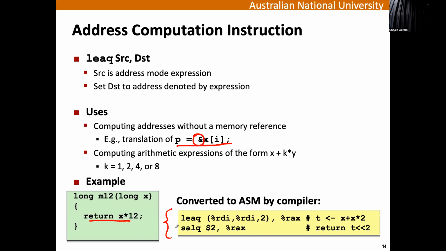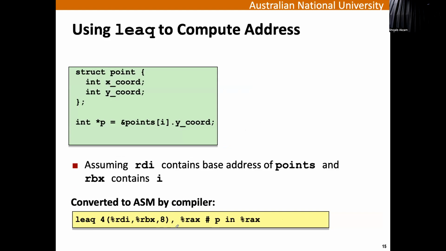So the compiler can look at the function and realize, oh, I can use lea to do this very efficiently. And there is no memory transfer, there is no address generation or address computation, but the compiler is smart enough to use the lea instruction to do this arithmetic operation.